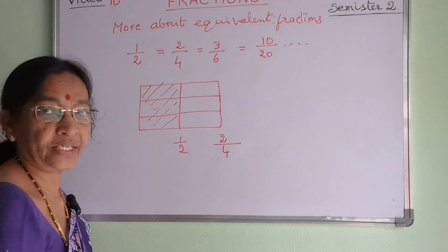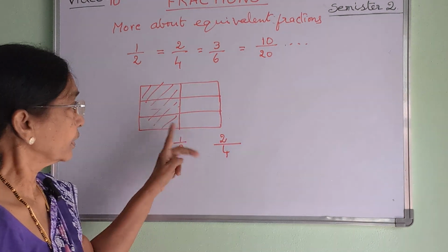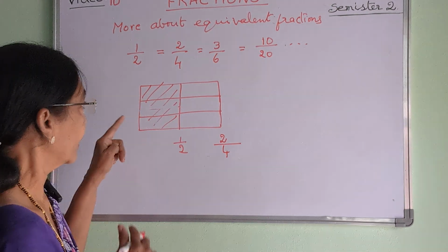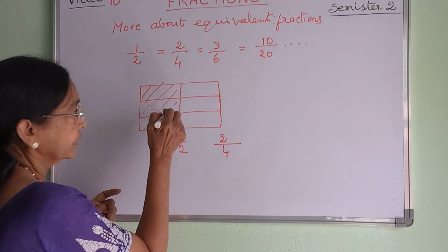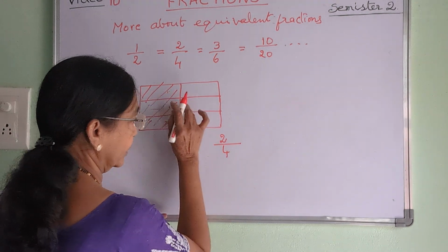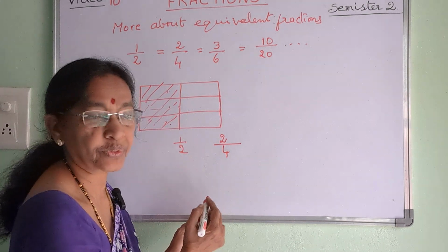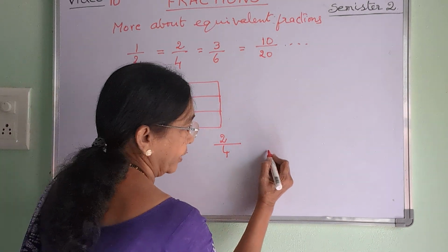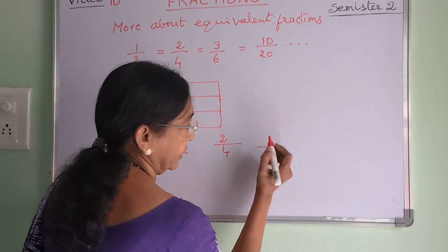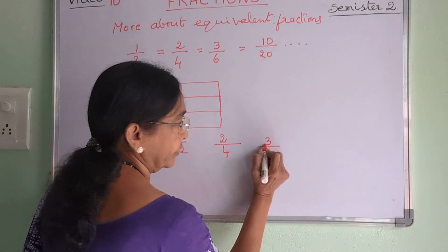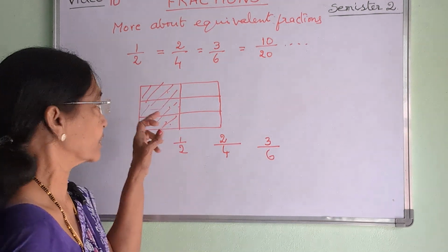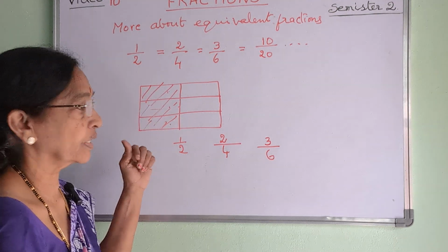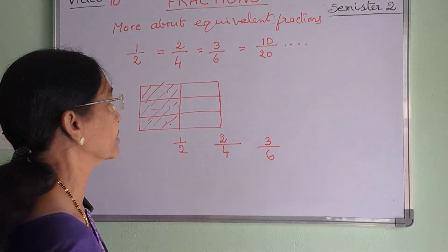Now the rectangle is made into 6 equal parts and the shaded portion is 3 equal parts. Therefore, the fraction of the shaded portion can be written as the shaded portion is 3 parts and the total parts are 6.